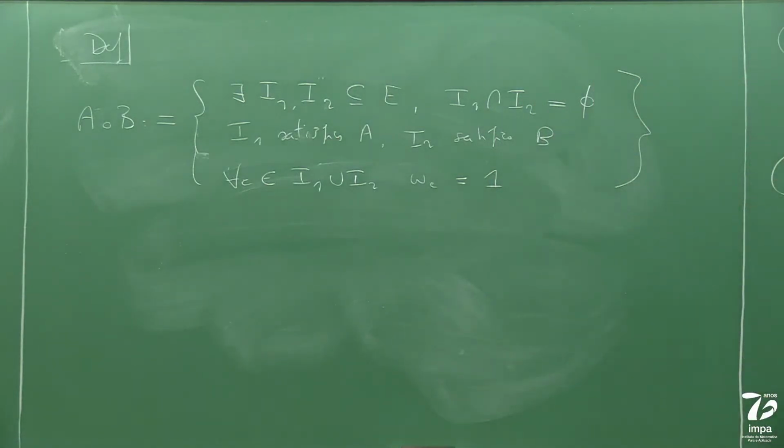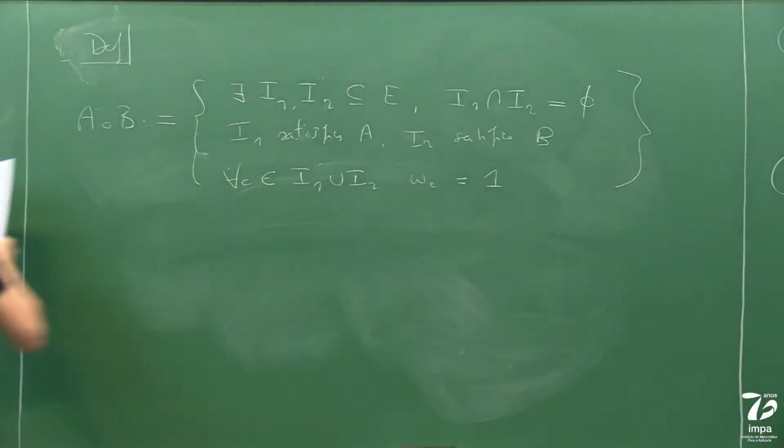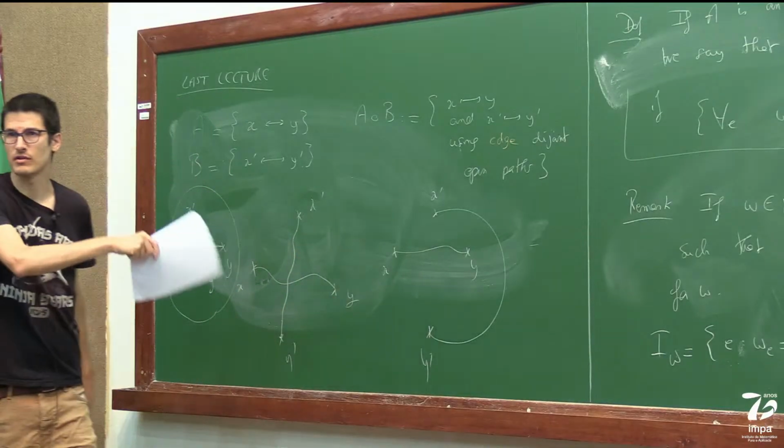Okay, so in words, A and B are disjointly satisfied if we can find two disjoint set of open edges that satisfy A and B respectively. So this definition really corresponds to what I drew here in the case of connection events.